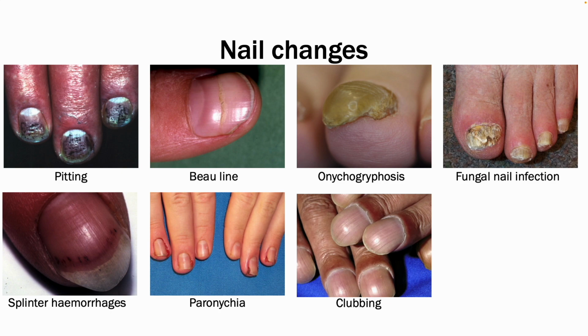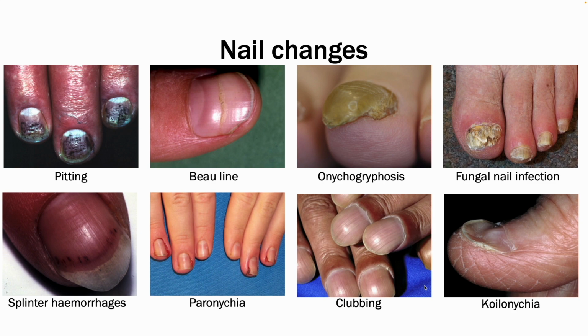Clubbing results in a distorted angle of the nail bed, and it is often associated with low oxygen in the blood. So you can see it in patients with chronic obstructive pulmonary disease, amongst others. And lastly, one of the most important ones to talk about is koilonychia, which is essentially a spoon-shaped nail. It is associated most commonly with iron deficiency anemia, diabetes, and connective tissue disease.